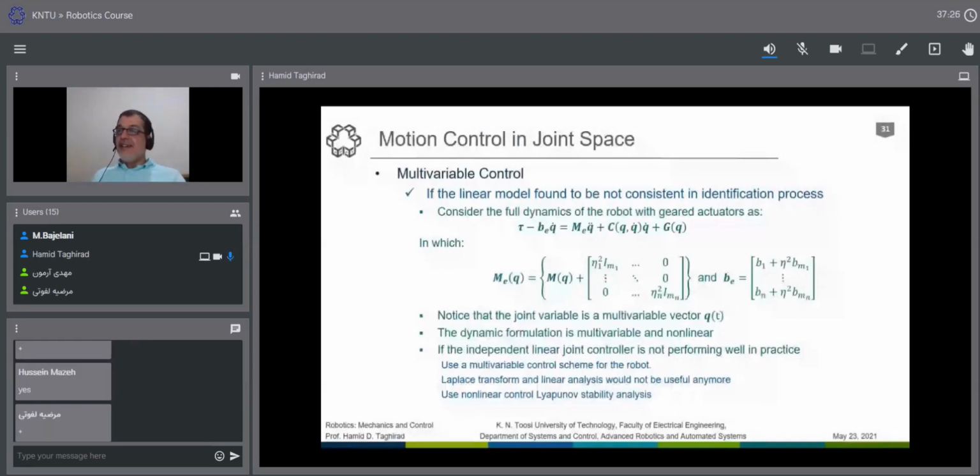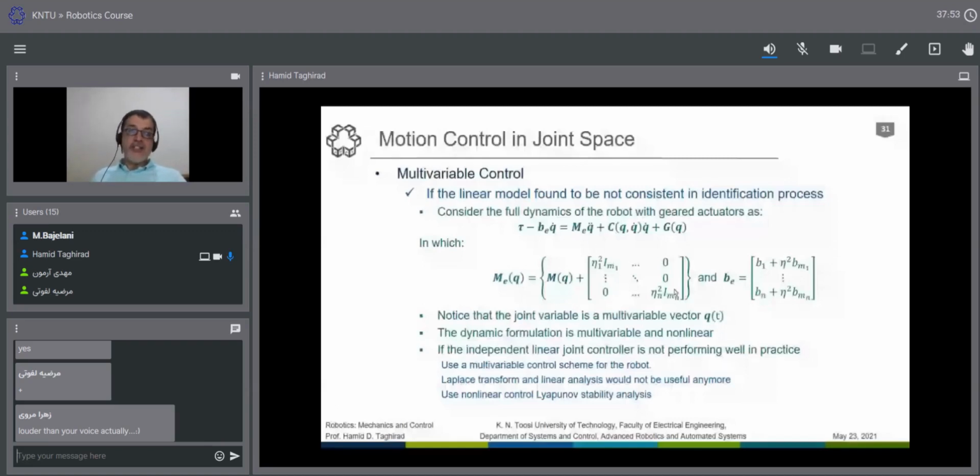Now, I told you that we consider the system with the full dynamic, and we have this part here. I was talking about M dot minus 2C. As you see, ME is two parts, and if you take the derivative, since these are all constant, the time derivative becomes 0.